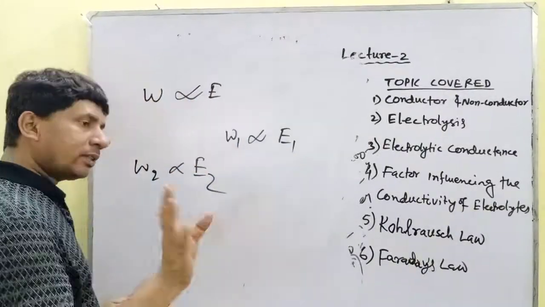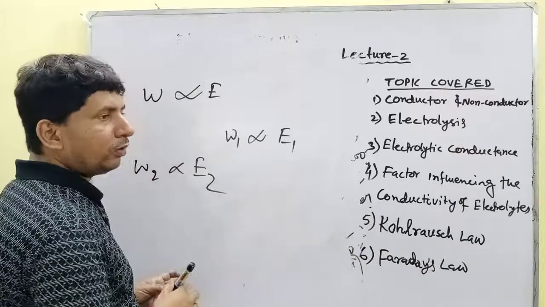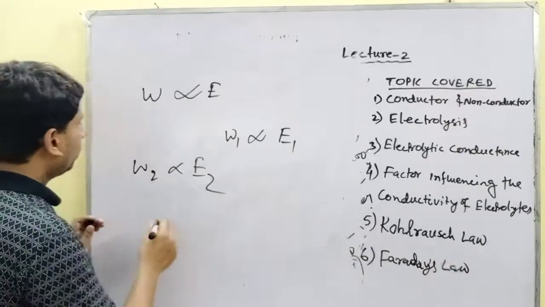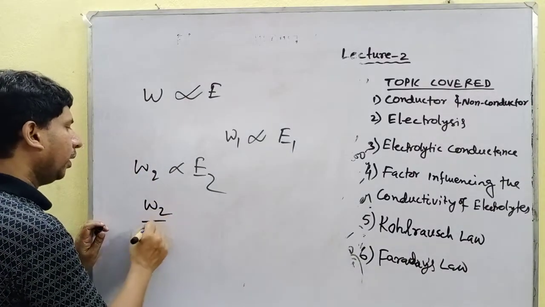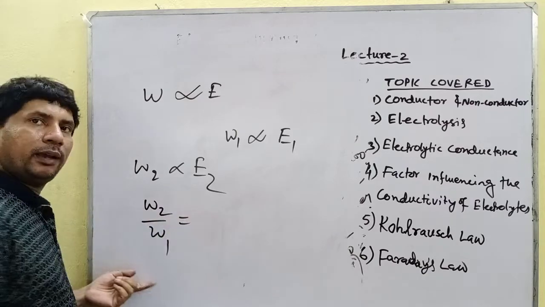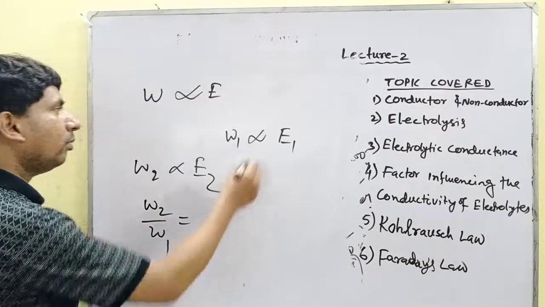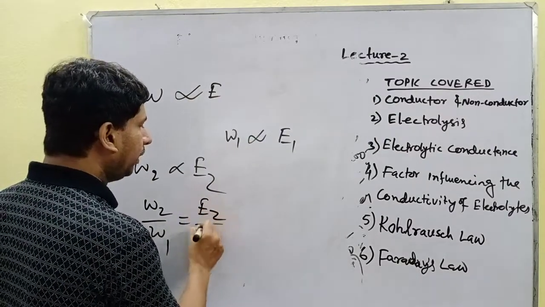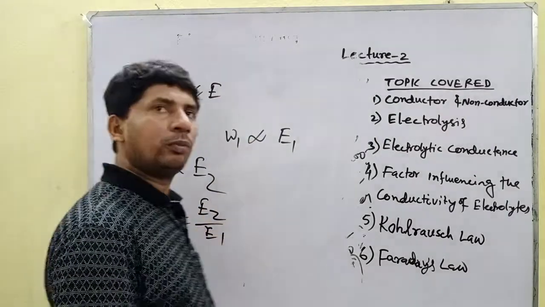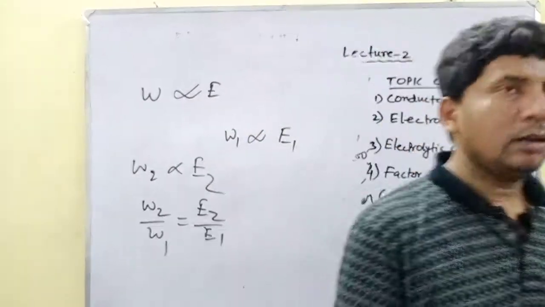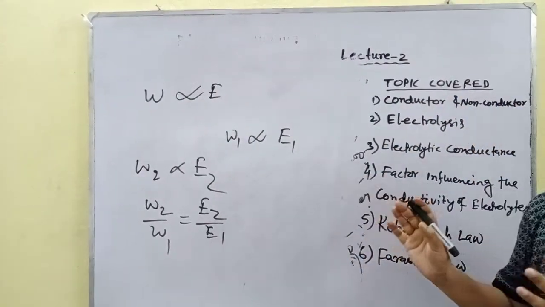Then if the same amount of current is passed, W2 by W1 we can write as E2 by E1. No problem? Clear? So this is very important.